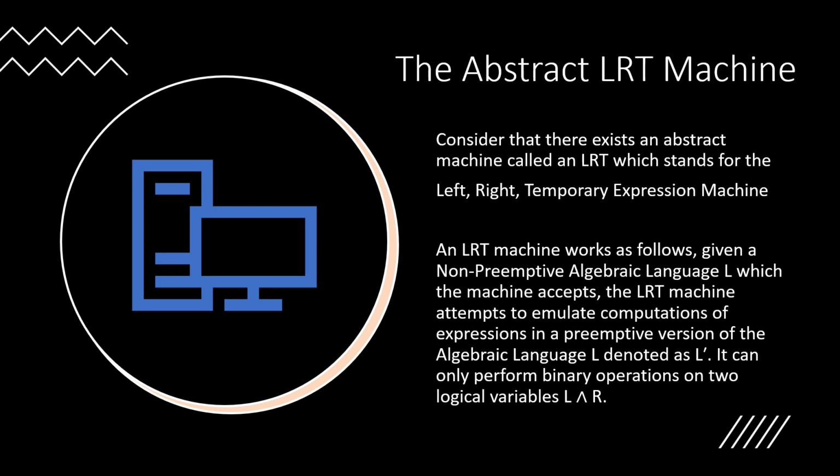This machine will compute a non-preemptive language expression, which we'll call E, and this expression will correspond to a sequence of sub-expressions of some preemptive language. The LRT machine will correctly compute the non-preemptive expression, and the output will correspond to what is expected from the preemptive language.